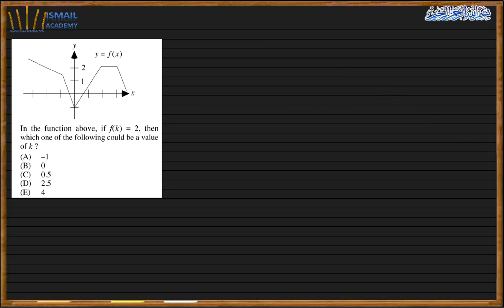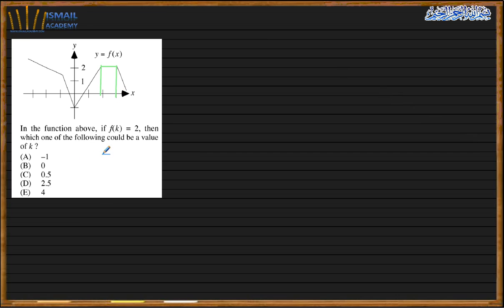Here we have a graph of the function f of x, and they say f of k is equal to 2. So 2 is located here. Any x between that point and that point may be k.